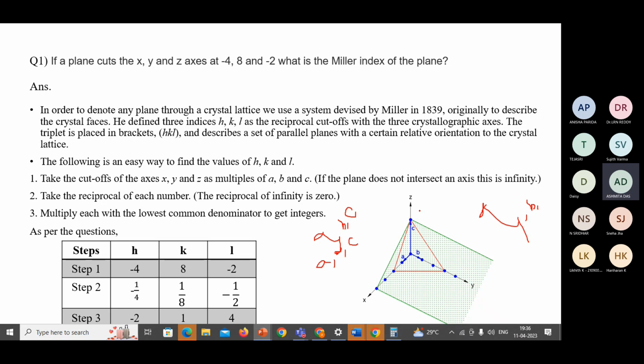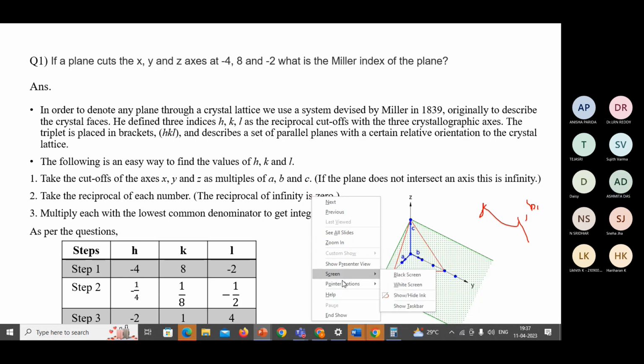So what will be the HKL value? Okay, I'll give a better idea. Wait a minute.